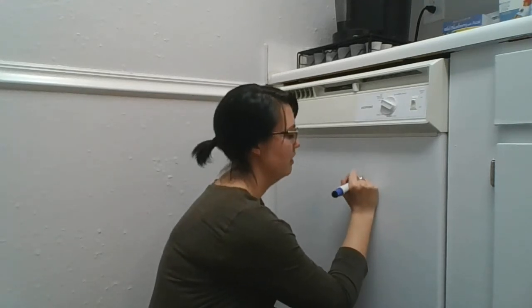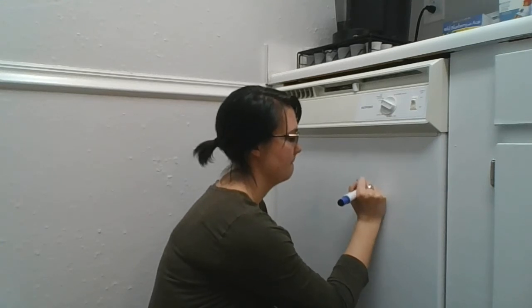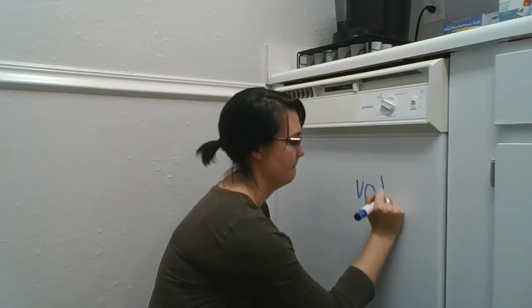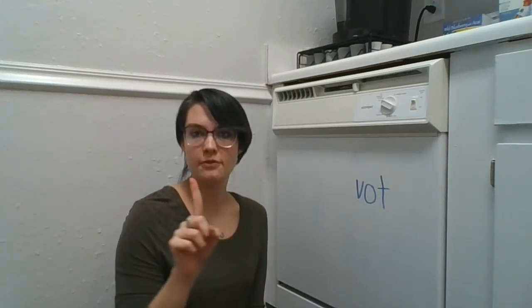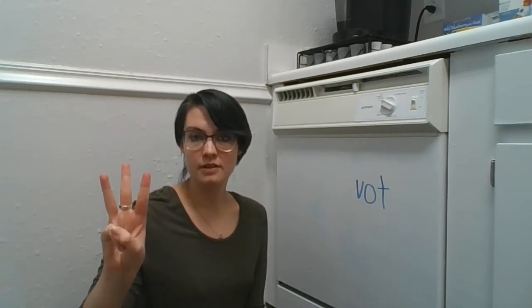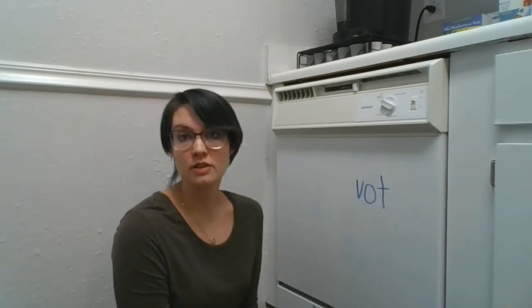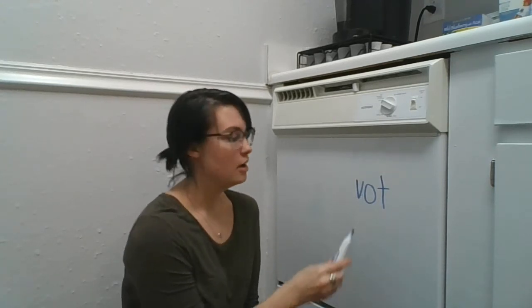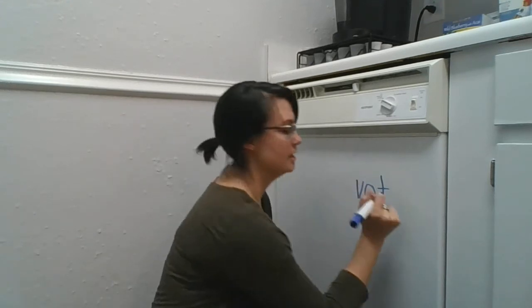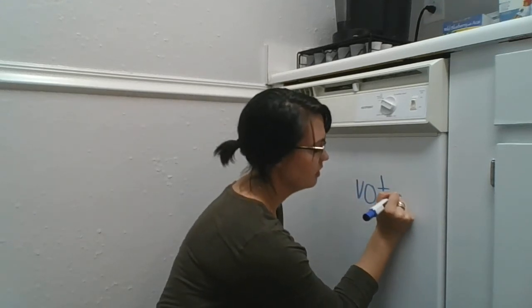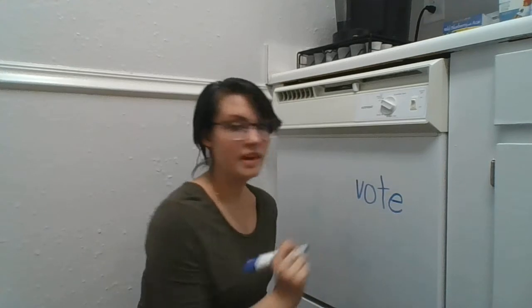Let's do, okay, let's see. We have v, o, t, vot. Vot has a short ah sound for the O. But if I add silent E to the end of it, this one turned into a real word. Finger stretch it with me.